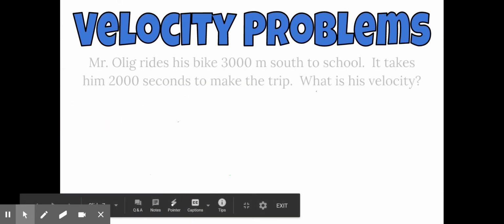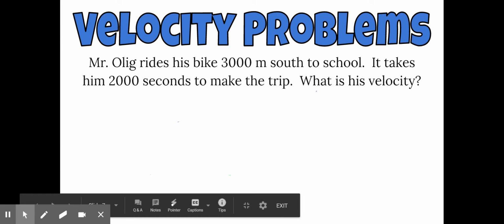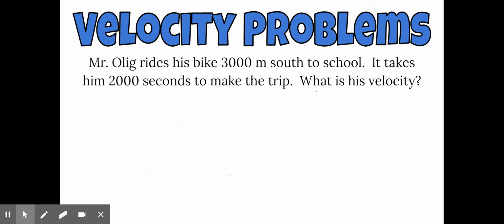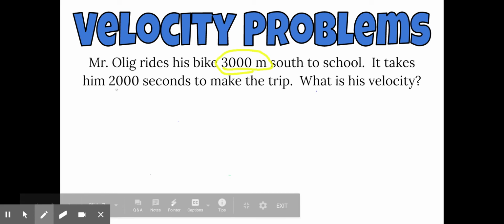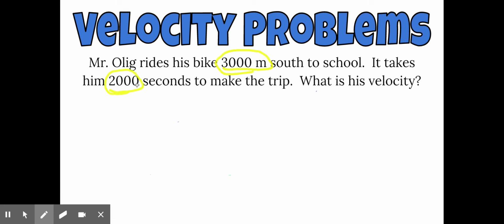So let's do some practice problems. Mr. Oleg rides his bike 3,000 meters south to school. It takes him around 2,000 seconds to make the trip. What is his velocity? Well, let's figure it out. We have 3,000 meters and we have 2,000 seconds, right?